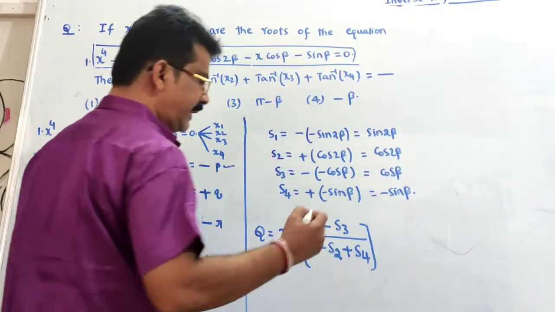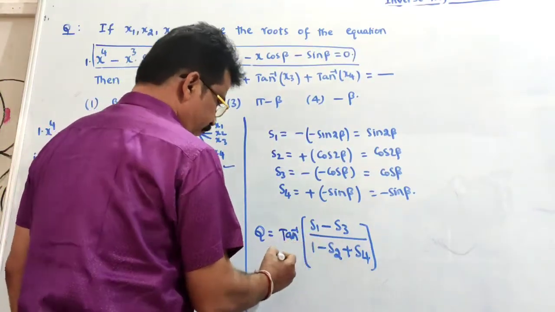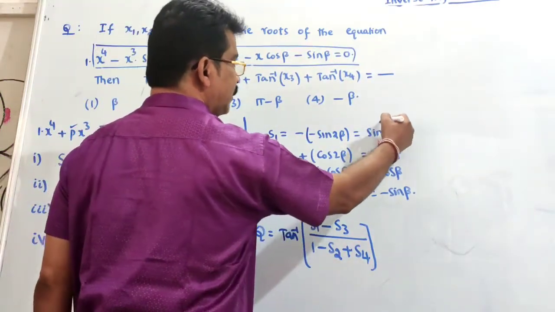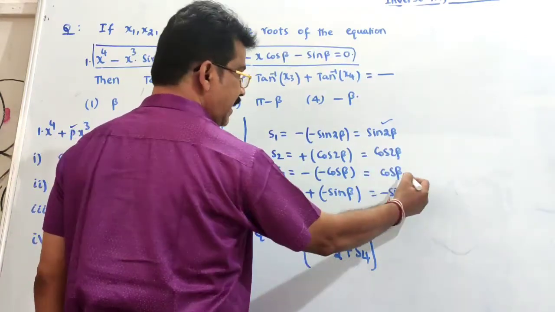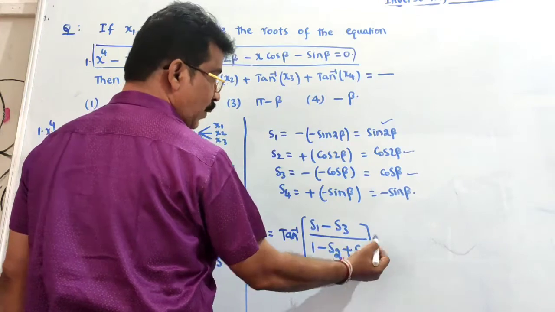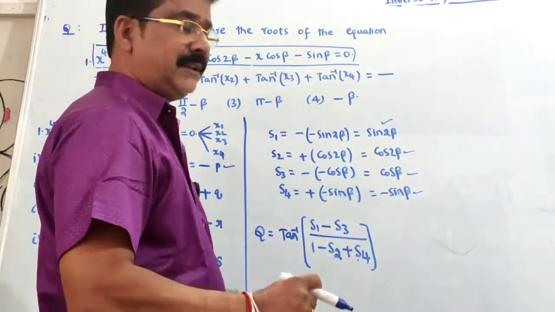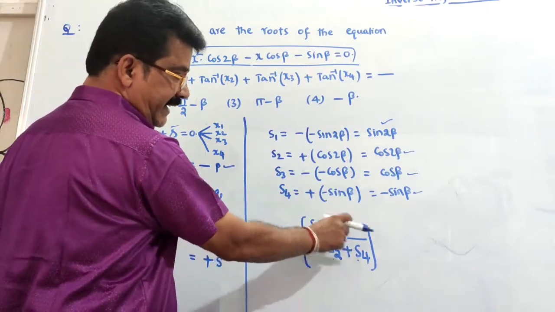It is the standard formula for 4 roots. Here we have to substitute s1 as sin 2 beta, s3 as cos beta, s2 as cos 2 beta, s4 as minus sin beta. It is very difficult to simplify that interior value.